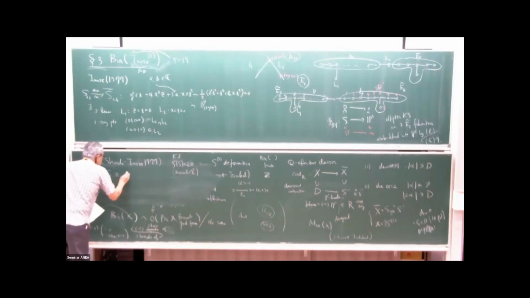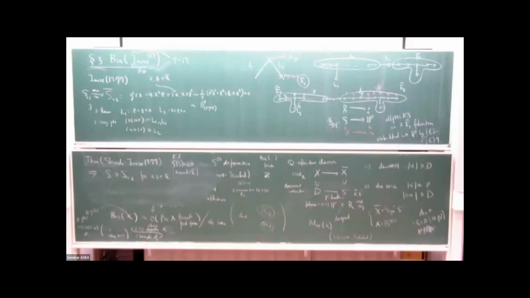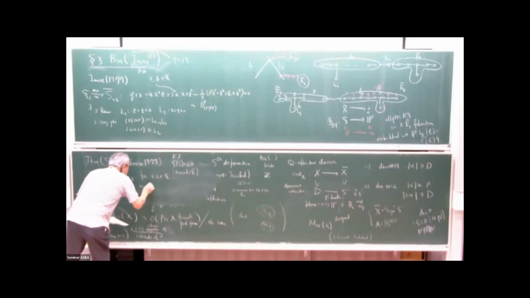Then their theorem is: S is isomorphic to S_{A,B} for suitable parameters A and B. And in particular, S has an elliptic fibration with two E8 fibers.